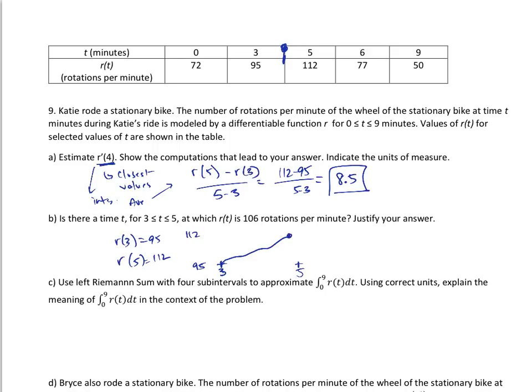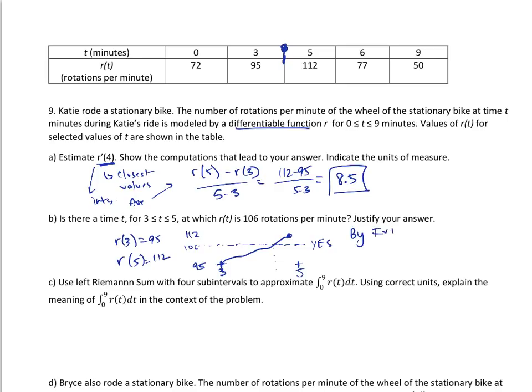And we know that it's continuous because it was given in the problem. It's a differentiable function, so that means it's continuous. So here's 106. Will I cross 106? Yes, absolutely. I don't know where, but somewhere I will cross 106, and that's by IVT.